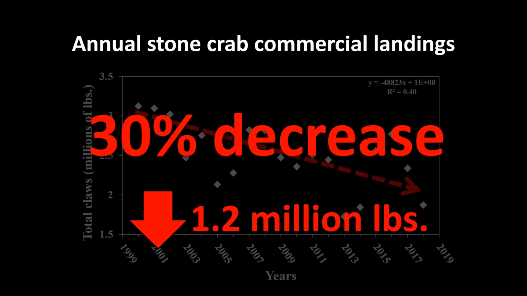This trend represents about a 30% decrease in the harvest since going back to 1999, and about a loss of 1.2 million pounds of claws in the fishery, which obviously the supply and demand has an impact there with the price of the claws when the harvest is lower.